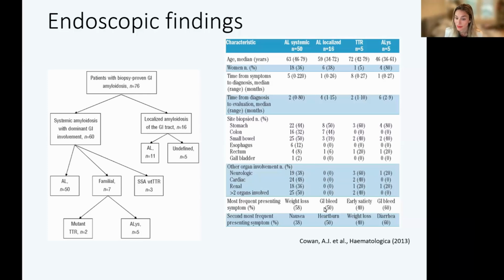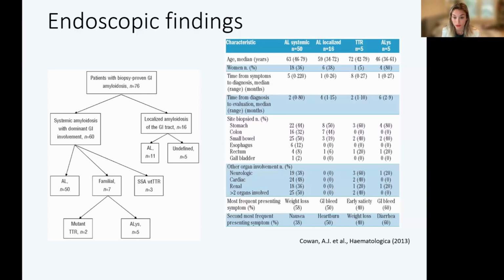And the most common symptom for finding these patients is going to be bleeding. In patients with systemic amyloid that had GI involvement, the most common presenting symptom is usually weight loss followed by nausea. And those patients, of course, being systemic, tend to have other organ involvement as well, most commonly things like neurologic, cardiac, and renal.